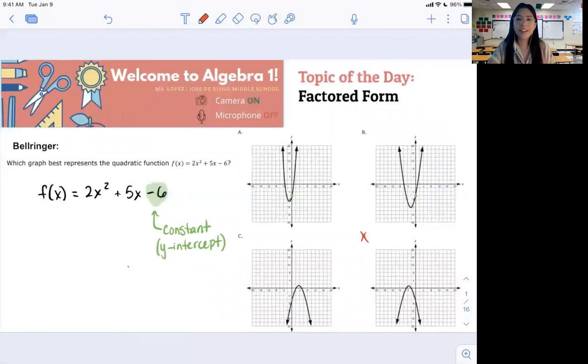So that was the other thing I was going to point out. We know the y-intercept, but what's the other big clue that we are given with this equation? What else do we know? It's a stretch.